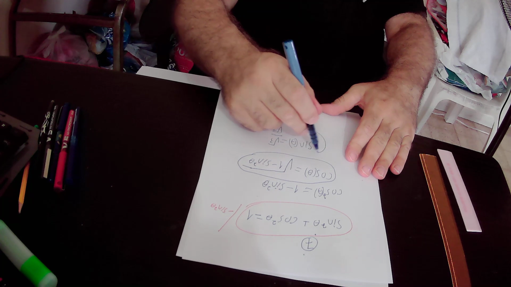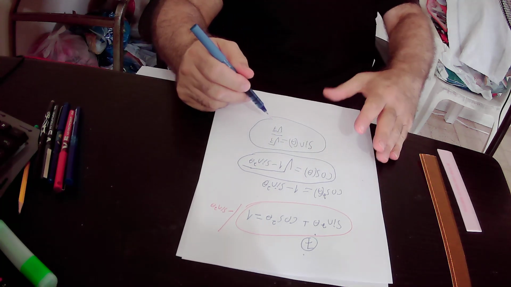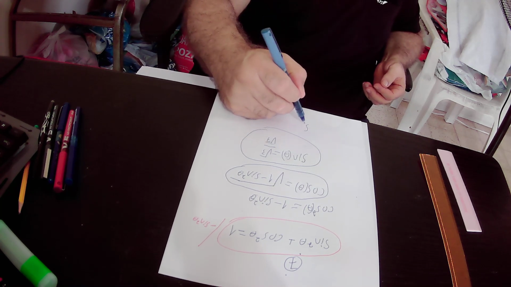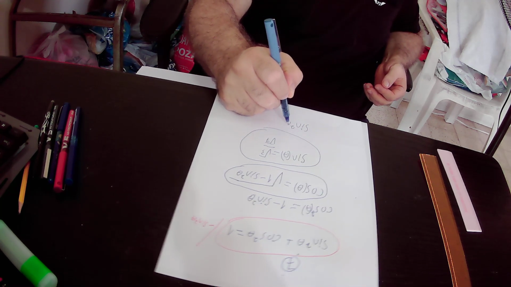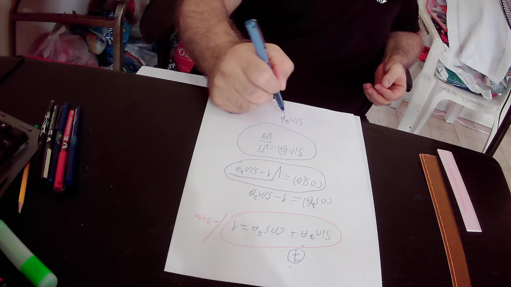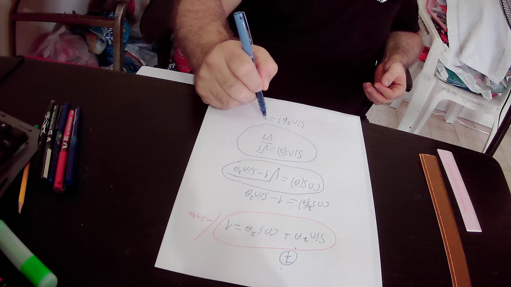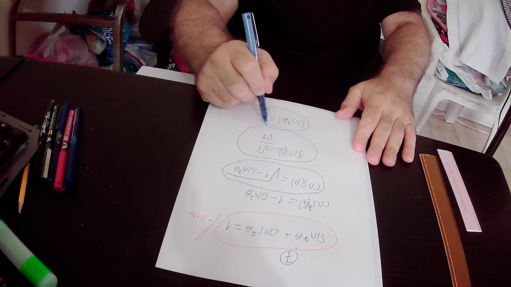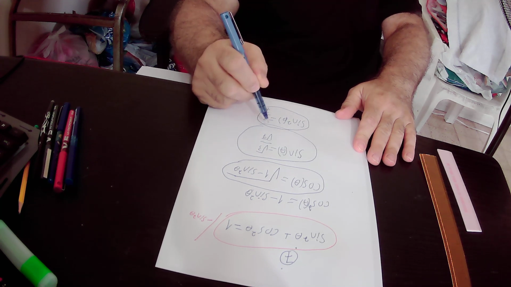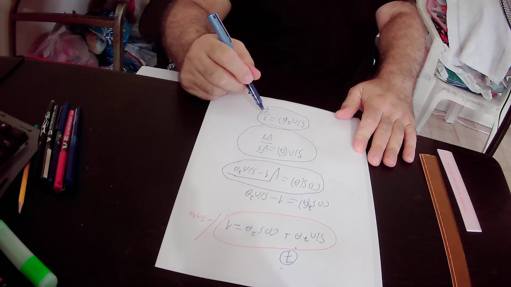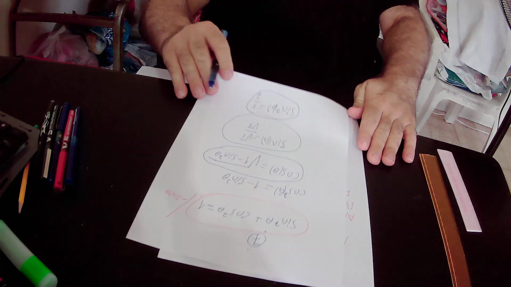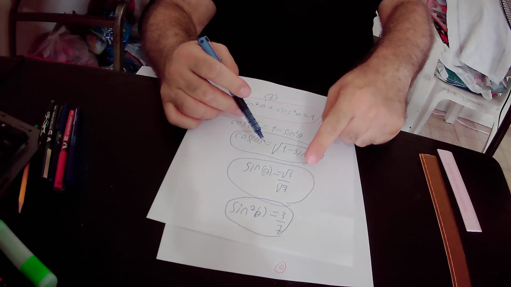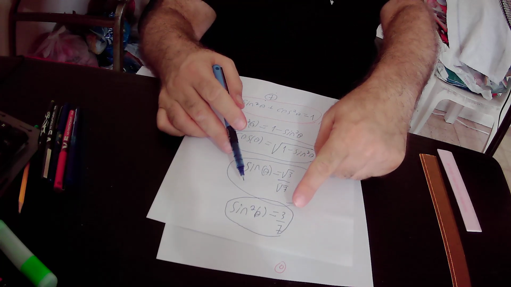But if sinus theta equals to the root of 3 over root 7, then sinus theta squared will be equal to 3 over 7.